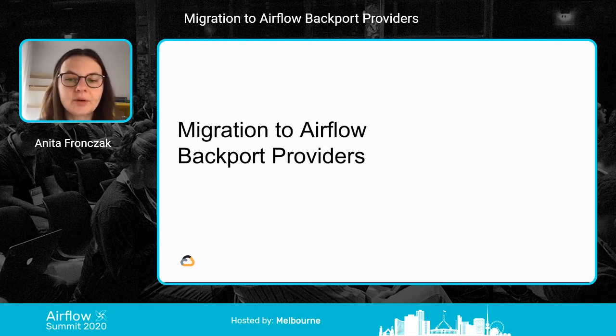So the thing I'm going to talk about is the newly released package, because the providers work only for Airflow 2.0. They were also released to be compatible with earlier Airflow versions 1.10.x, so that you can start using them, and that should ease your migration later on into Airflow 2.0.